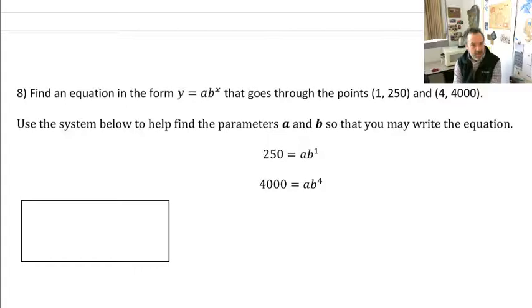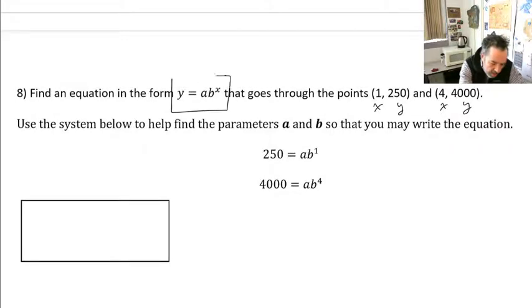So it says use the system below to help find the parameters a and b so that you may write the equation. So you can see what I've done is I've plugged the x value and the y value twice to create 2 equations, right?